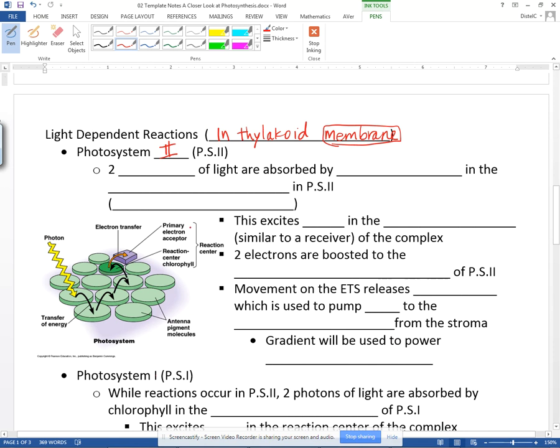All right, so we know we need light, and light is going to come in as photons. So we get two photons of light coming in, and they would be absorbed by our pigments. In this case, we're going to specifically talk about chlorophyll. And the area where they come in is called the light harvesting complex.